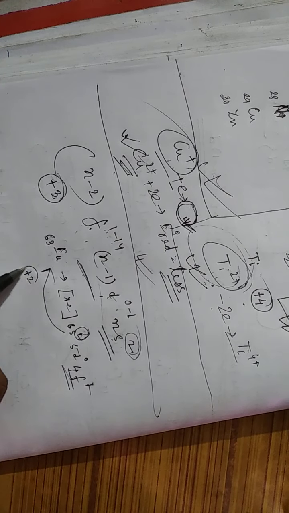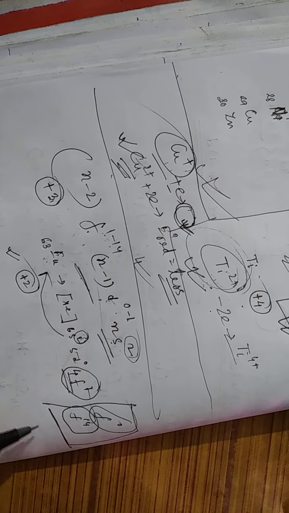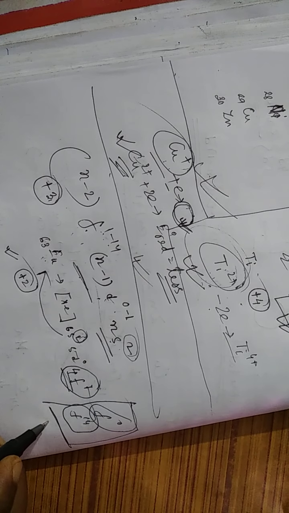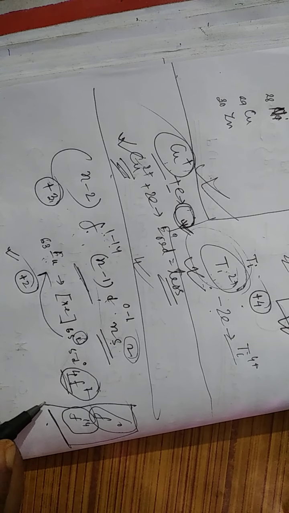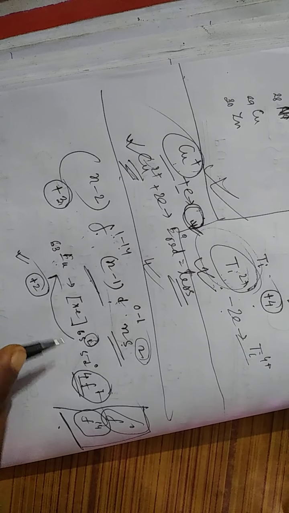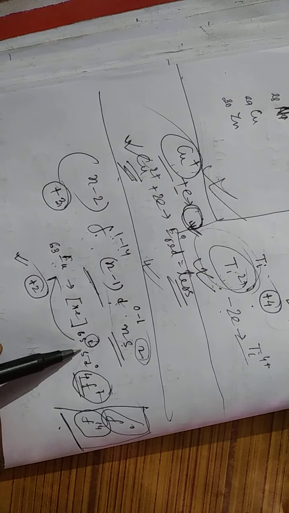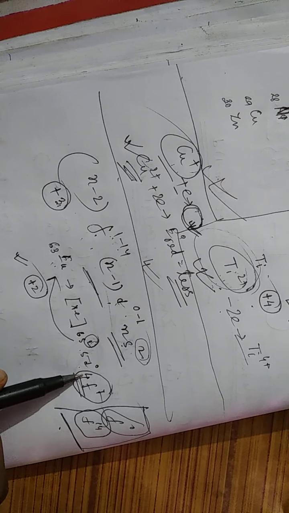Similarly, not only europium, any atom that gains f7, f0 or f14 electronic configuration after losing electrons, that will be its most stable oxidation state. For example, europium 2 plus, as it loses 2 electrons, gains the f7 half-fill stability, therefore its oxidation state is +2.